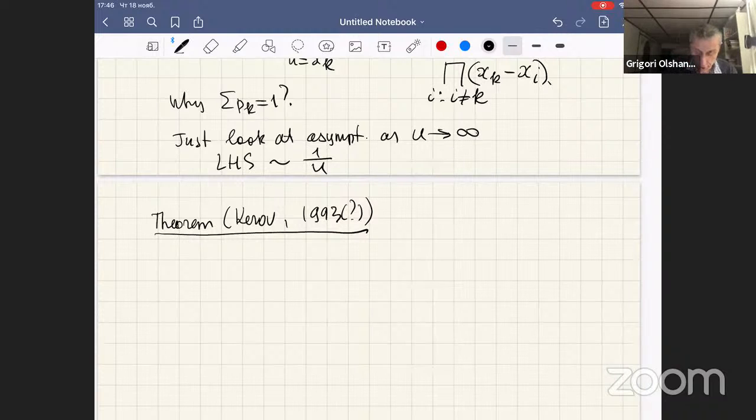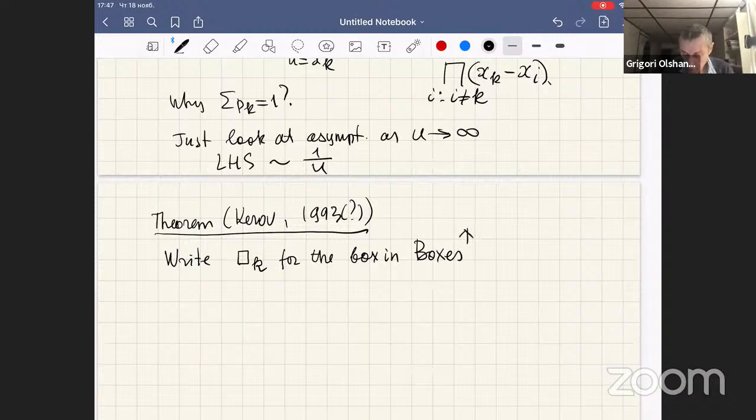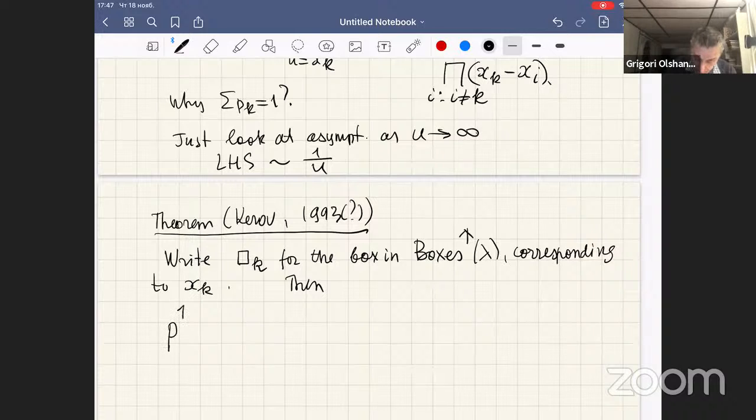So just write, for the box in the set corresponding to x_k, we have this transition measure corresponding to this box, which is by definition, I recall it again, the ratio of dimensions of the diagrams.